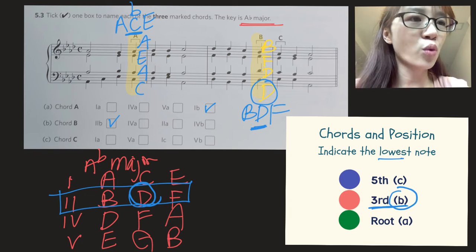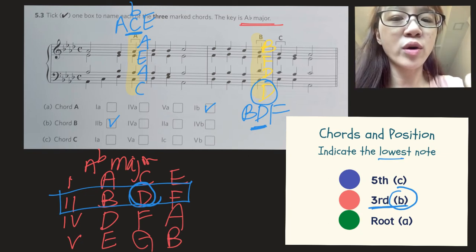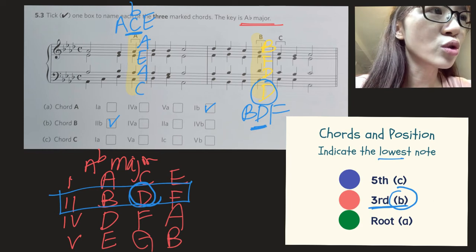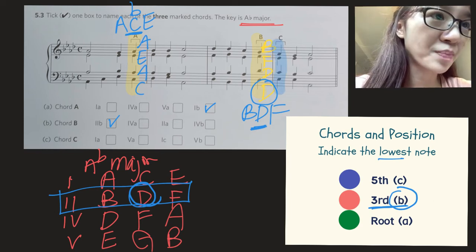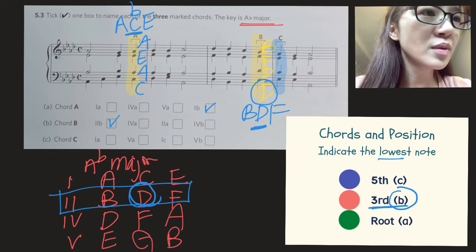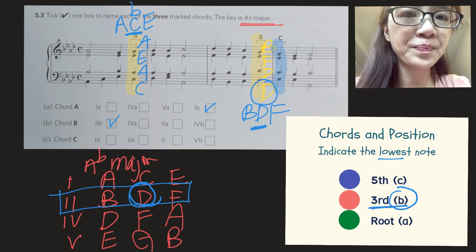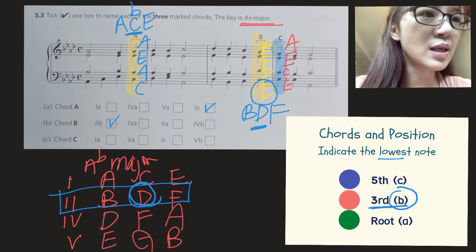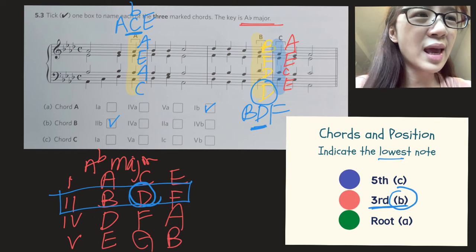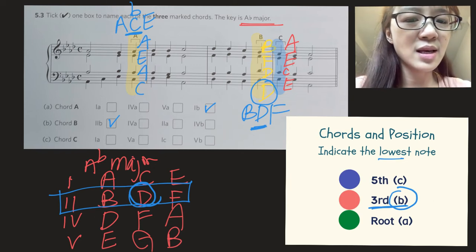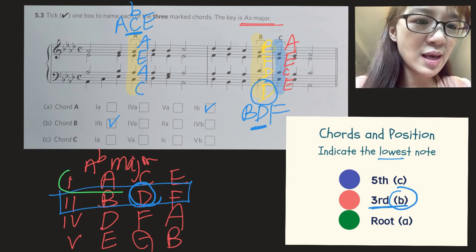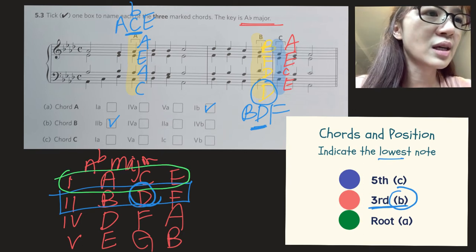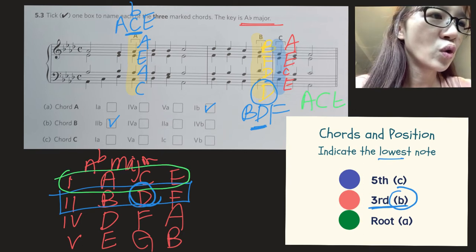Last question. Question chord C. Consider the notes from the top to the bottom. So name it. A, E, C, E. So it's A, C, E. Alright, we know it's A, C, E. Okay, and this time, which is the lowest note?